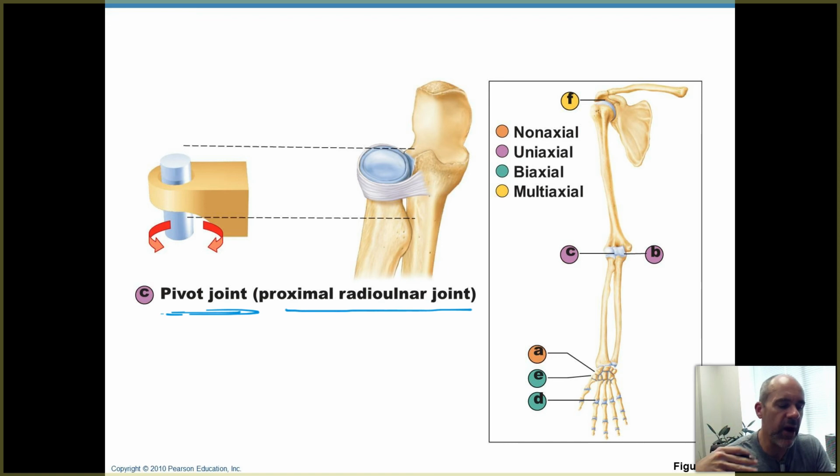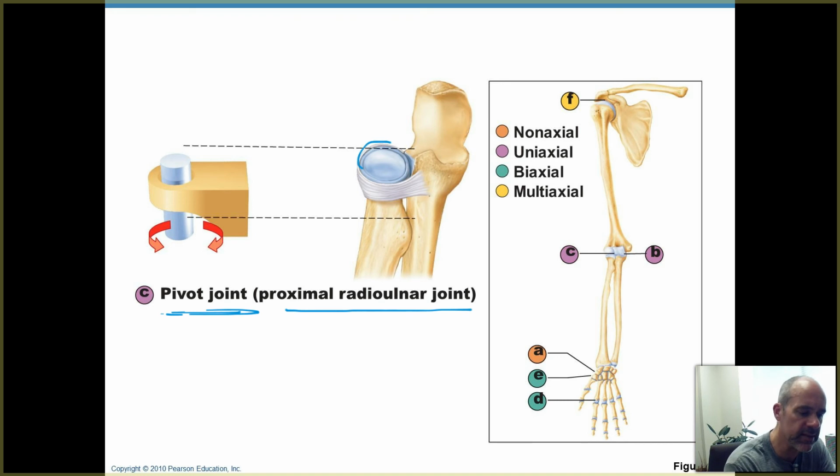Without ever having seen the name of that joint before, we should be able to figure out where that's located. It's proximal, and we're talking about the radius and the ulna. So that's going to be the joint between the radius and the ulna, and it's proximal, so it's going to be up near the elbow rather than down toward the wrist.